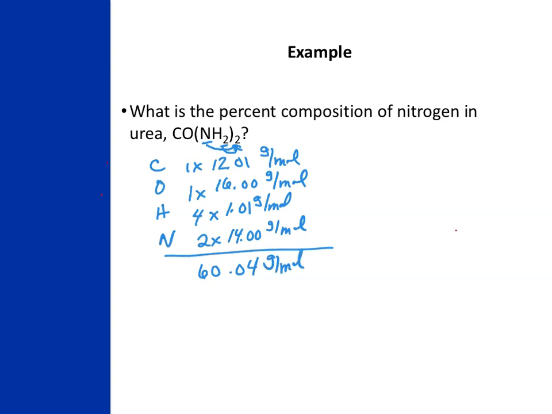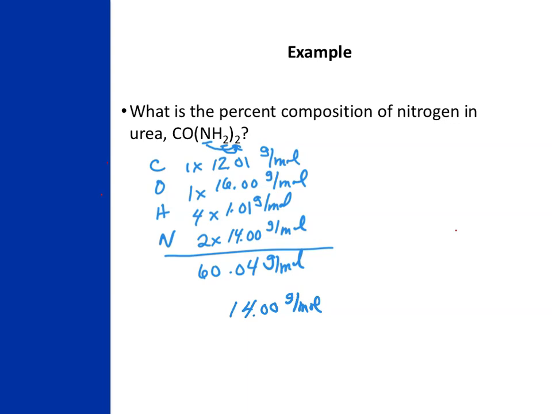Now we need to determine how much of this is due to nitrogen. To do this, we take nitrogen's molecular weight, 14.00 grams per mole, and we see how much nitrogen is in 1 mole of urea.